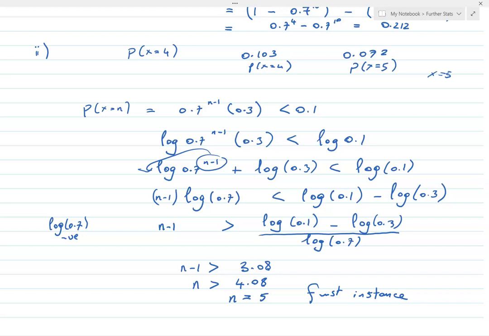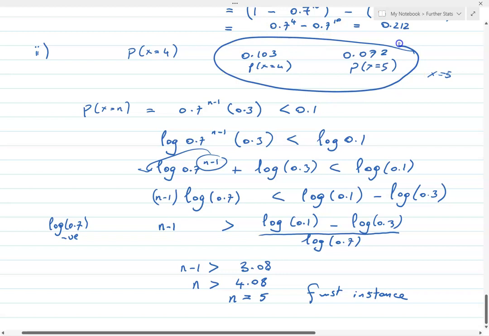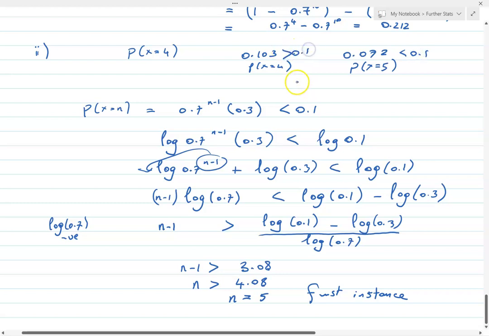So the log approach might be a little bit over the top here, to be fair, which is why there's only 2 marks. So absolutely fine to use the trial approach there. I'd probably write, just going back, this is less than 0.1, this is greater than 0.1, so that implies x equals 5, or n equals 5. Okay, so that's the second part.